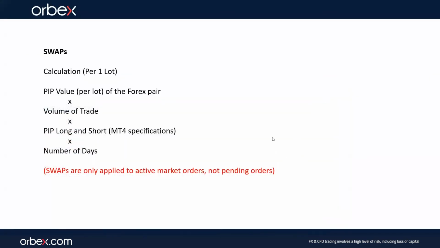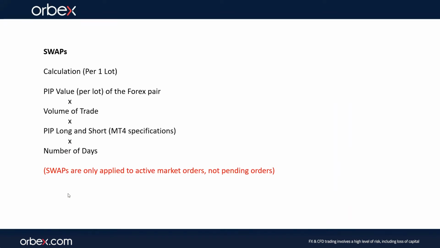And this is how we calculate swaps. So the calculation is per one lot. So this would be one, for example. So pip value per one lot on the Forex pair times the volume of trade, which will be one. Pip long and short, which I'll show you where to find, and the number of days.